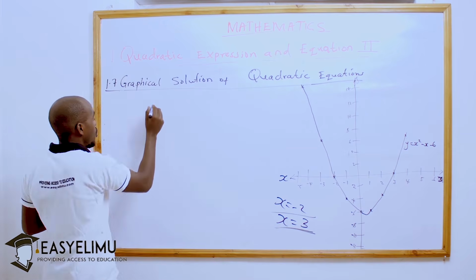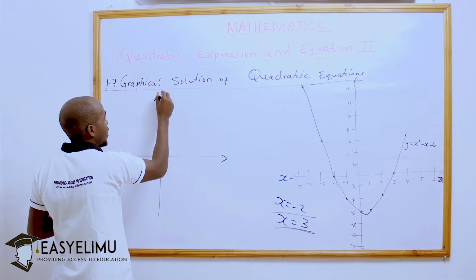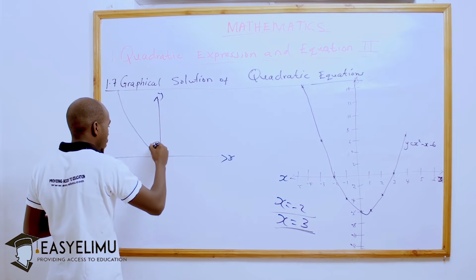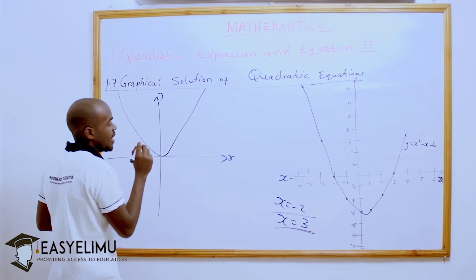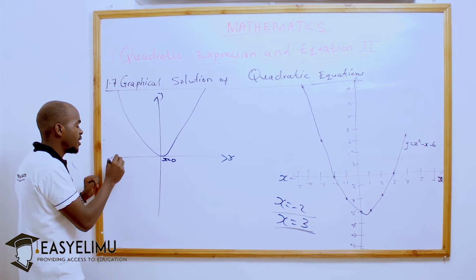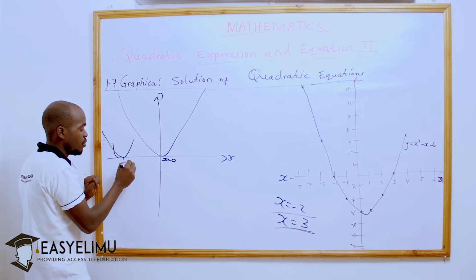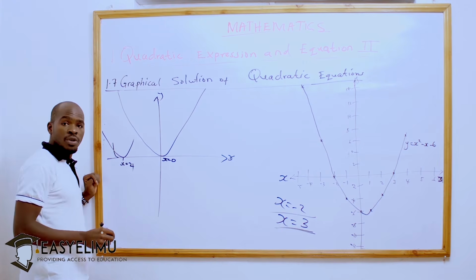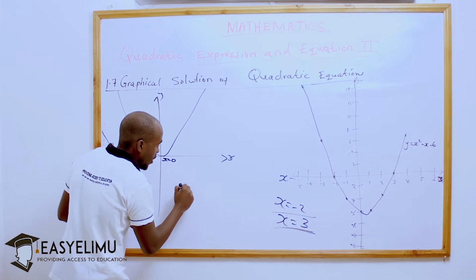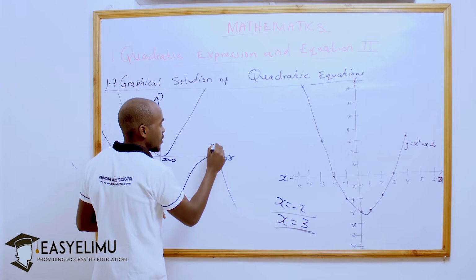And if you draw your curve, with this being the x-axis and this the y-axis, and you find that your graph only touches the x-axis, maybe at x equals 0, or at x equals 2 or even 4, coming from the downward part, touching the x-axis and then going back, maybe this is x equals 6.